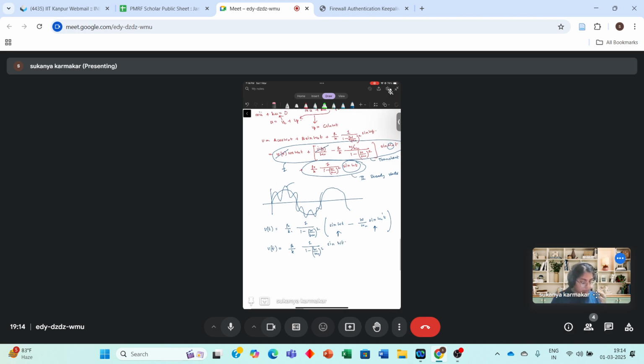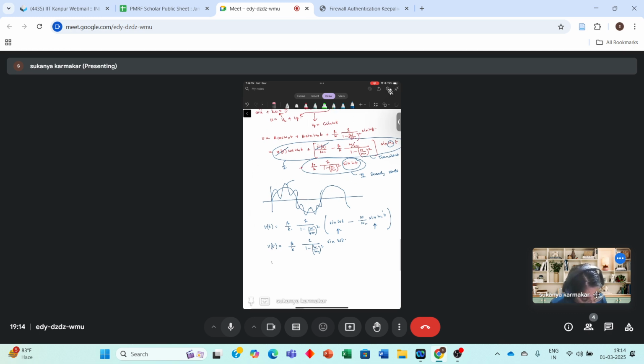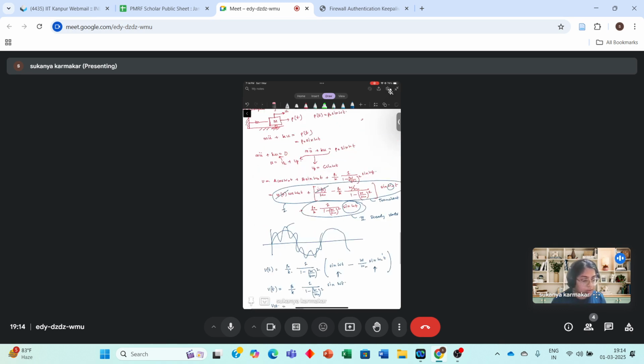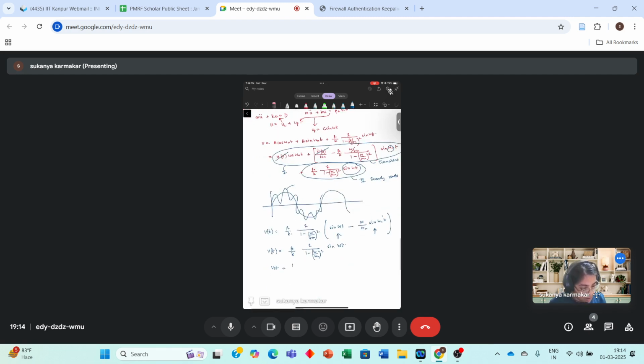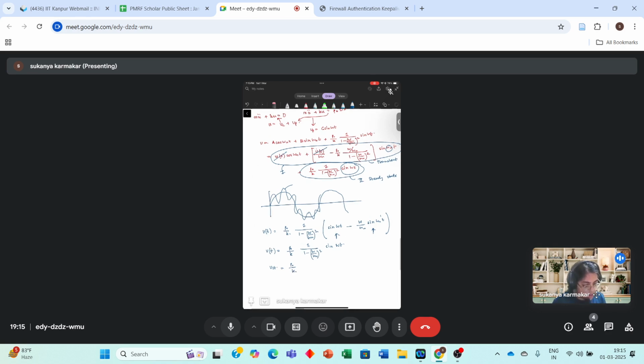Now, I want to introduce a term, u static, which is happening because of this force, let's say with the amplitude p naught. Because of a force having an amplitude p naught, what will be the deformation? That is u static. So u static is p naught by k.